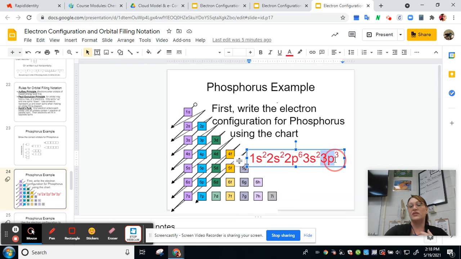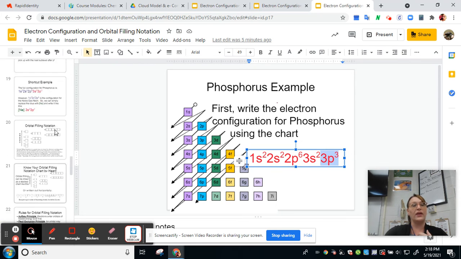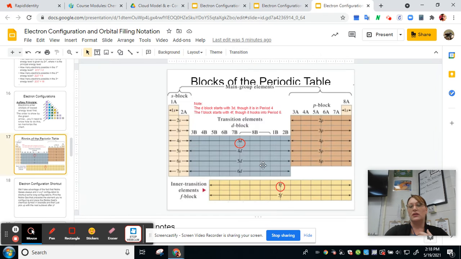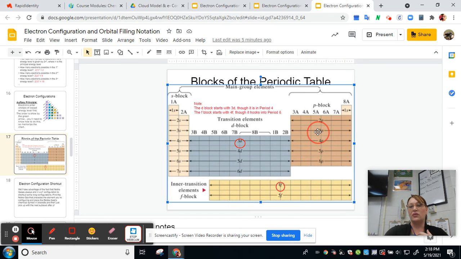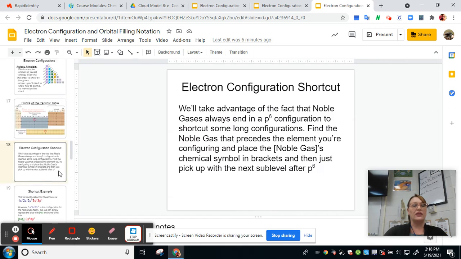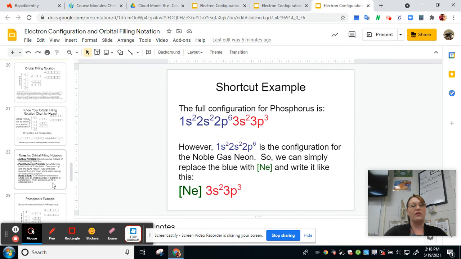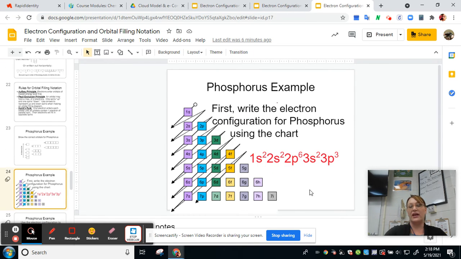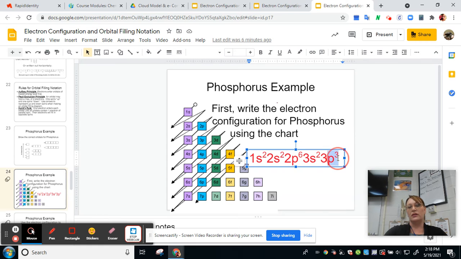So remember, phosphorus ended with 3p3, right? We talked about how on the periodic table, 3p3, right there is where phosphorus is. It's the 3rd element over in the 3p row in the p block. So I should have known how phosphorus was going to end without even having to write it. But knowing that you have 15 electrons can also help you write this.